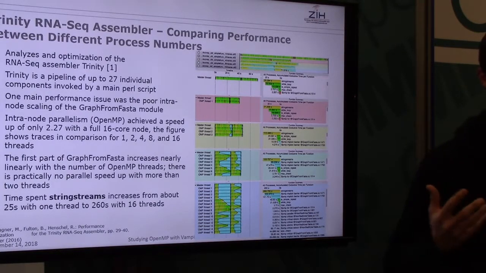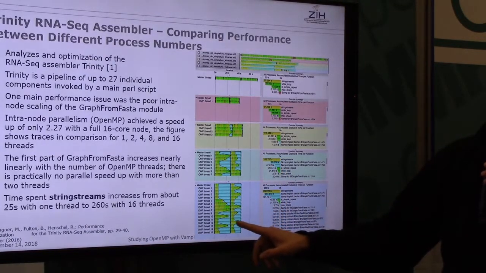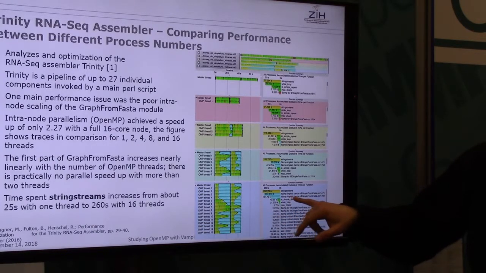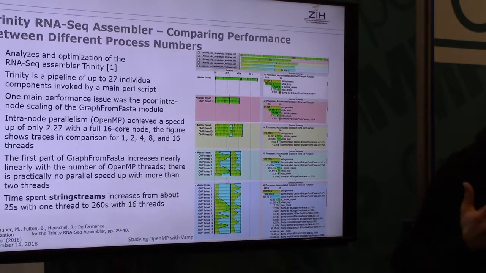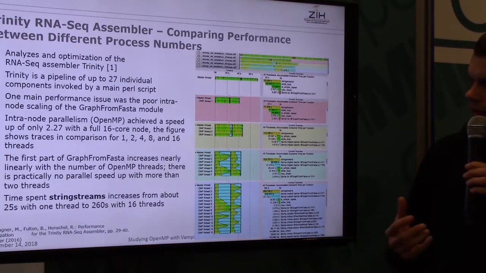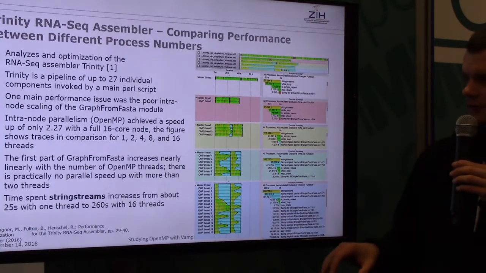What was the reason in this case? So you see that you also have a large share of these bluish colors here, which again represent OpenMP barriers. So again, it's OpenMP synchronization and barrier time, waiting time. And the goal here was to find the reason for these waiting times.